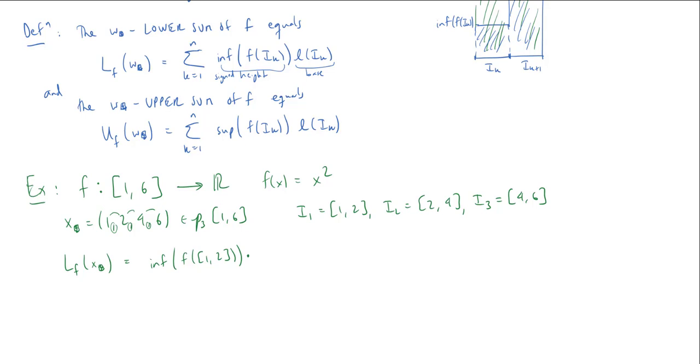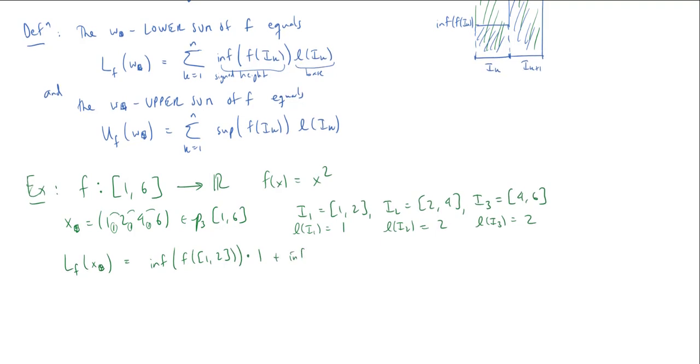The length of I_1, well, that's just 2 minus 1, which is 1. Now let's do all the interval lengths. Length of I_2, 4 minus 2 is 2. The length of I_3, 6 minus 4, is also 2. So I take this infimum and multiply it by 1.